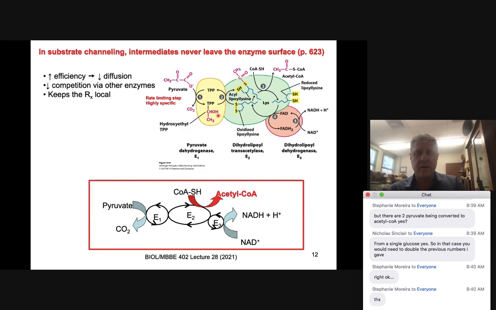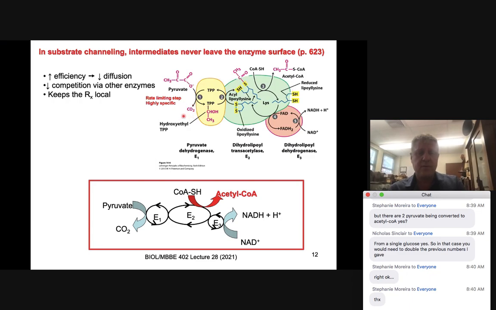The first part of the enzyme takes the TPP, or thiamine pyrophosphate, and attaches a part of the pyruvate molecule to that carrier. This is the rate limiting step. It's highly specific, and what we see is the reduction and removal of carbon dioxide on binding of the hydroxyethyl group to the TPP.